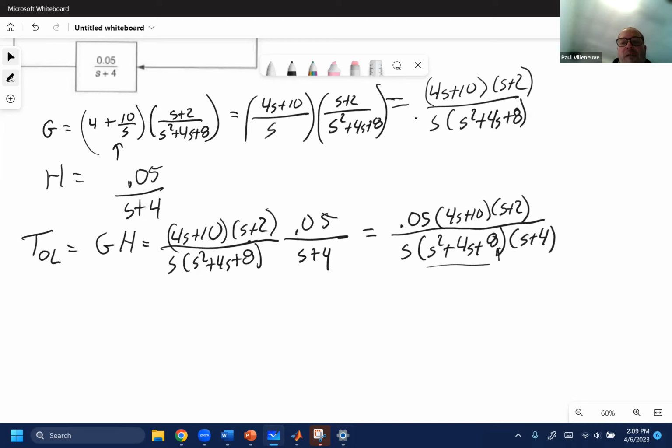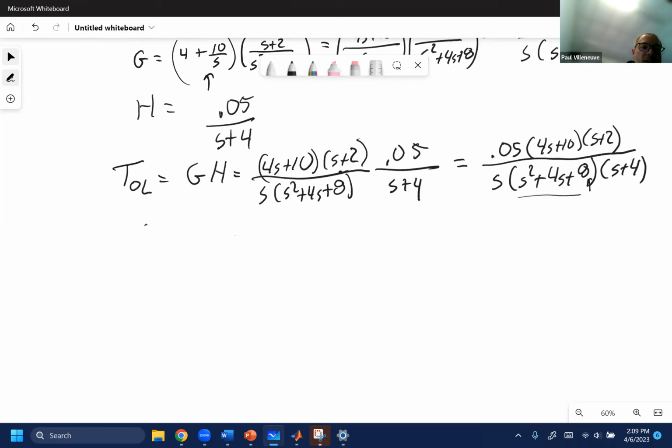I'd have to have some sort of a multiple of S in front of the 8 or multiply by the 8. So now to do system error, I have my open loop transfer function, which means I have to parse through and figure out the system type. So what is the system type for this particular system?